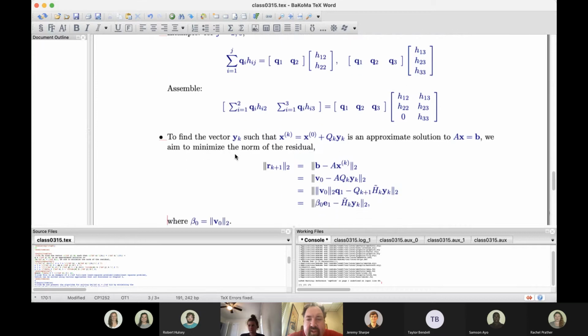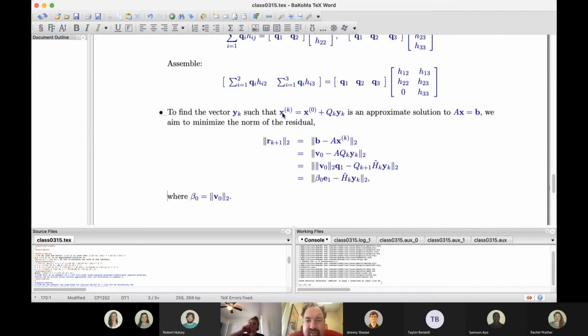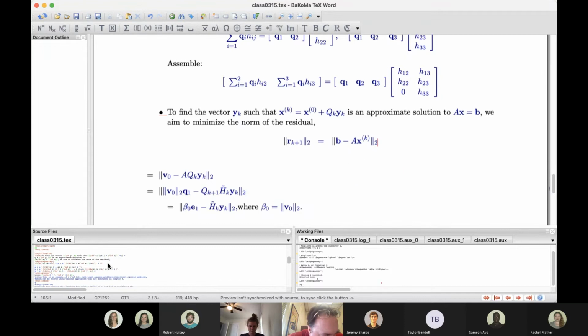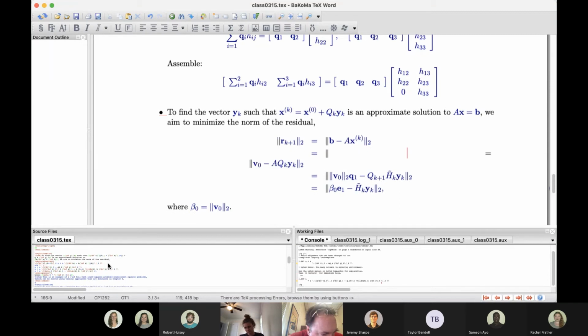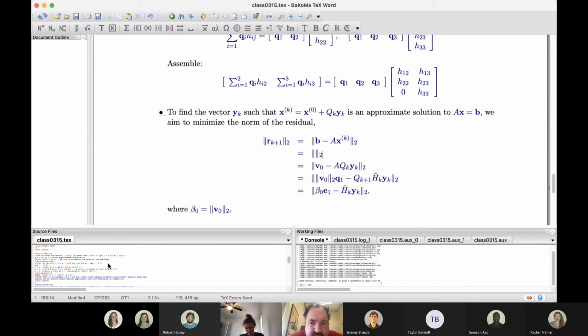Right. So here is the form of my solution. I want to make this residual as small as possible. So here's a definition of residual. But then I did something like this with Lanczos.